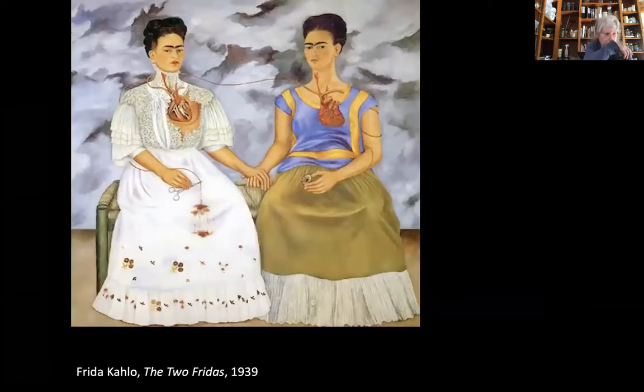Okay, so now, we haven't really talked about Mexican modernism very much, but we have seen some paintings by Frida Kahlo. Mexico was having its own kind of art movement of modernism, and part of it was sort of surrealist. And I think it's fair to say Frida was a surrealist.